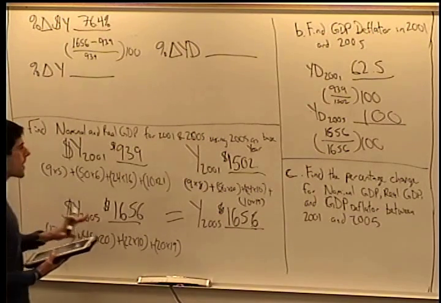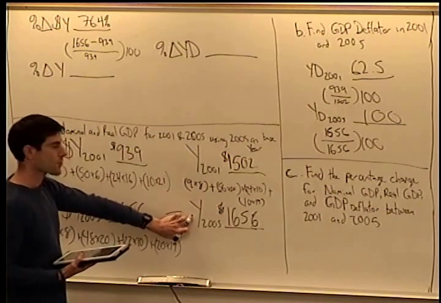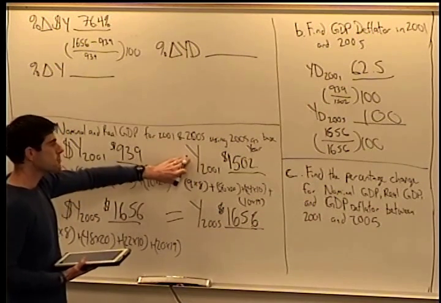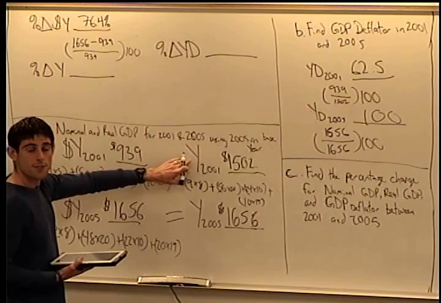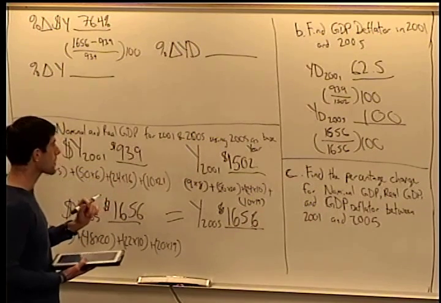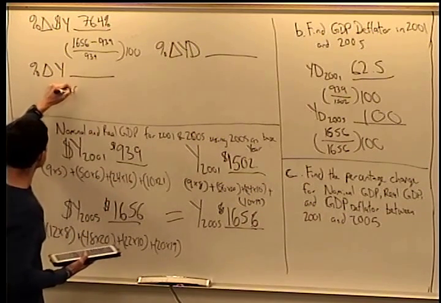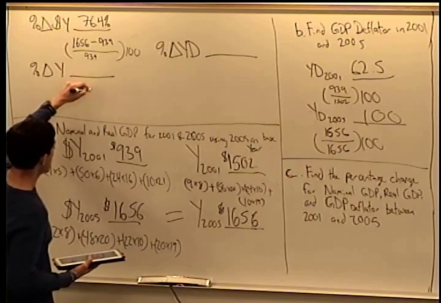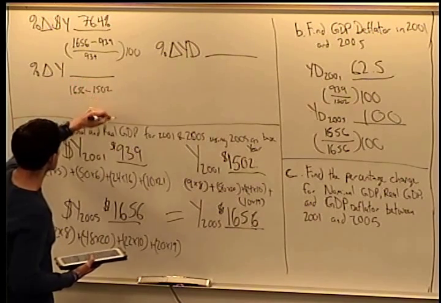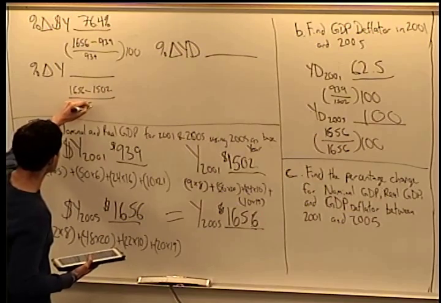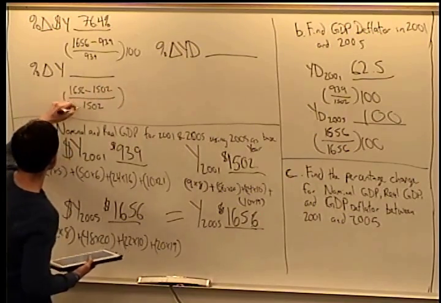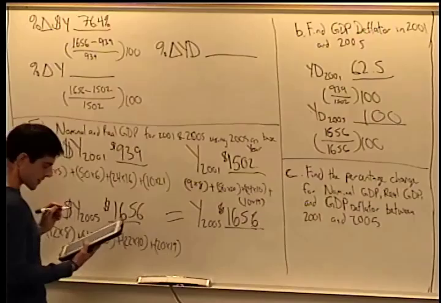For real GDP, I take real GDP in 2005 minus real GDP in 2001, divided by real GDP in 2001. Or I take 1656 minus 1502, divided by 1502, and then I multiply it by 100 to get it into a percent.